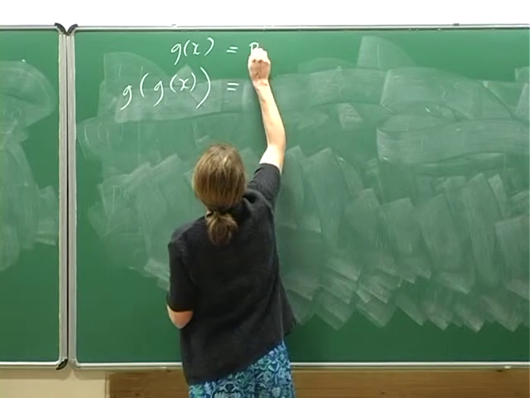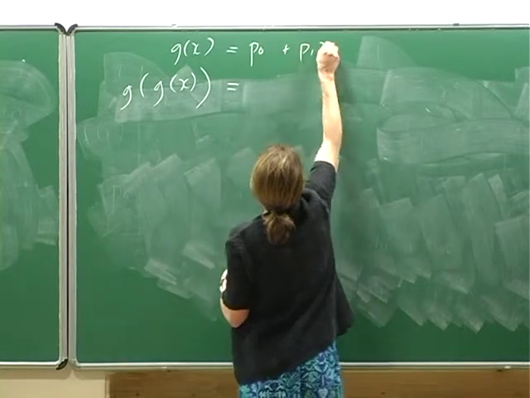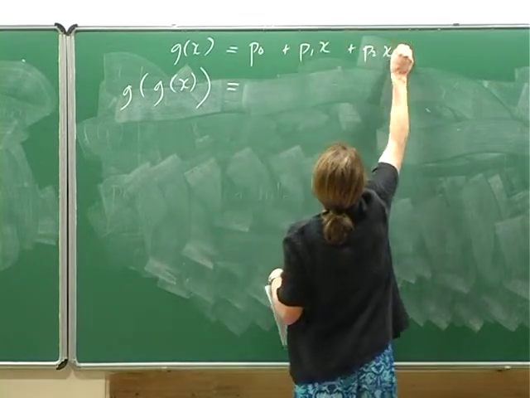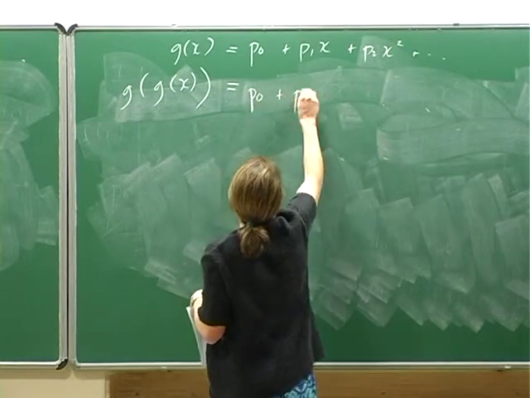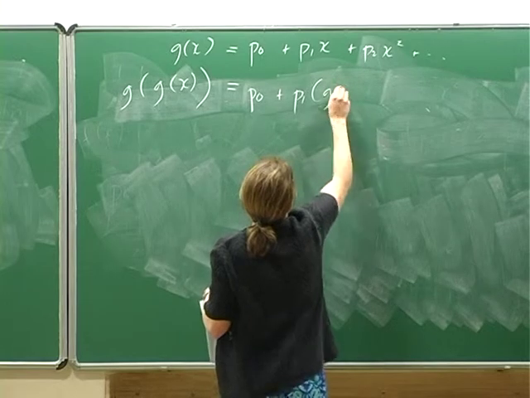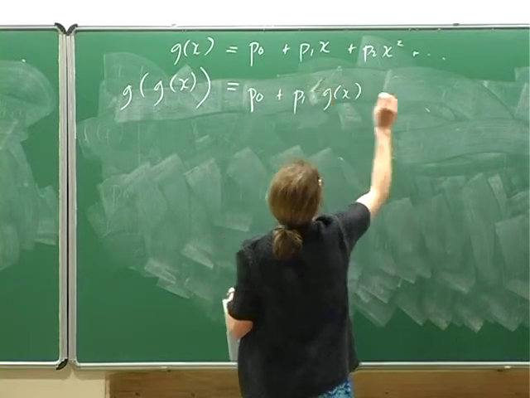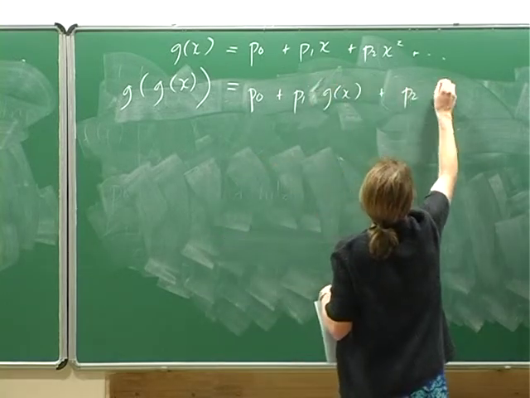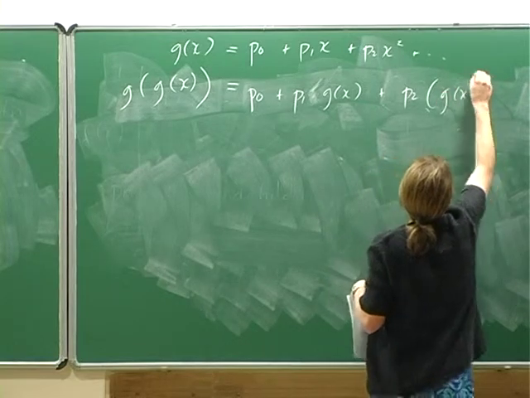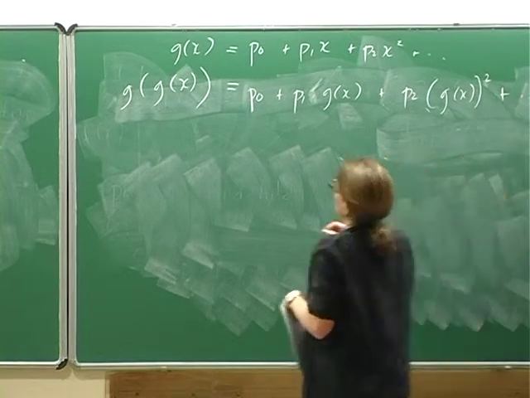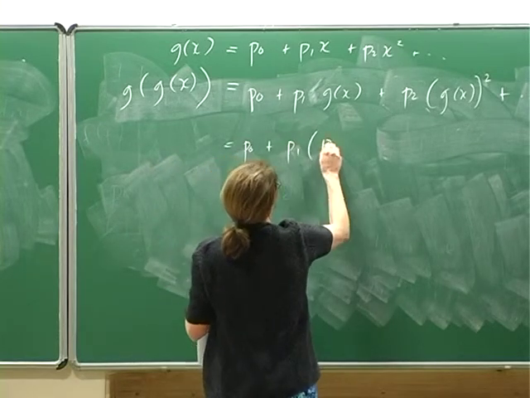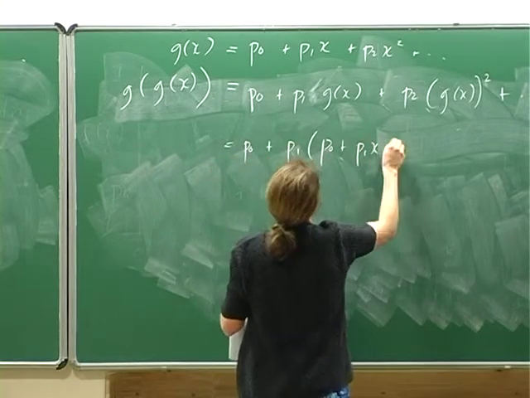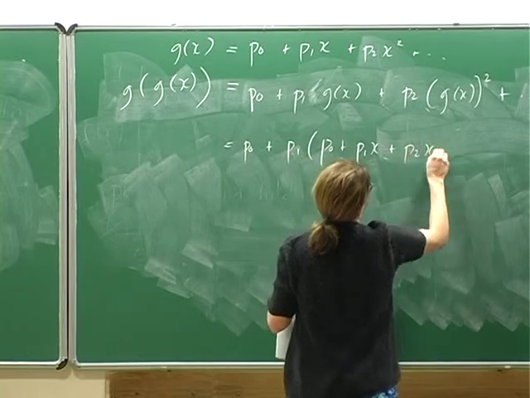Let's just do it symbolically. P0 plus P1x plus P2x squared. So now wherever there's an x, we put in g of x. Which is P0 plus P1 times P0 plus P1x plus P2x squared.